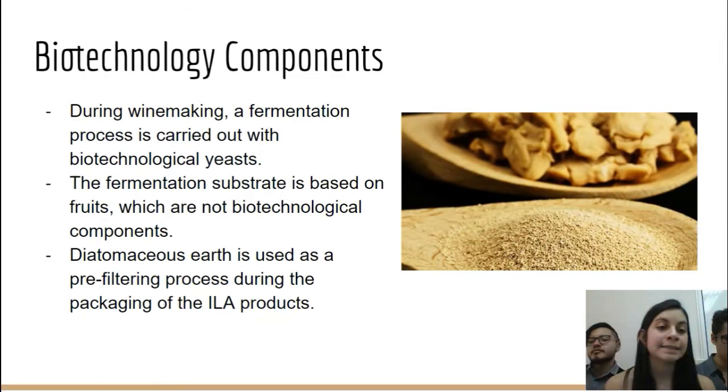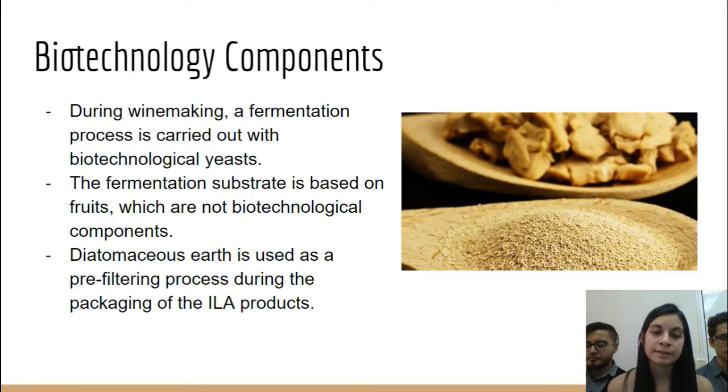Okay, now we are going to analyze the biotechnological components. Winemaking uses several ingredients, and we want to know which ones are biotechnological. During winemaking, a fermentation process is carried out with a biotechnological yeast, and the fermentation substrate is based on different types of fruits, which are not biotechnological.